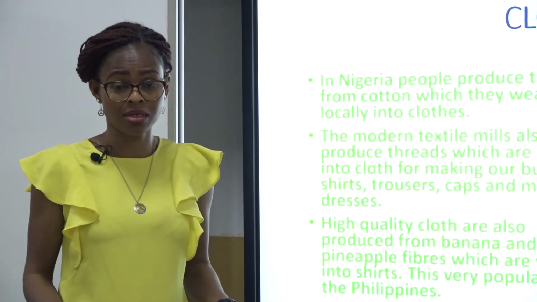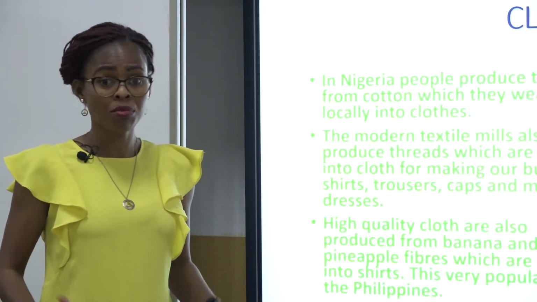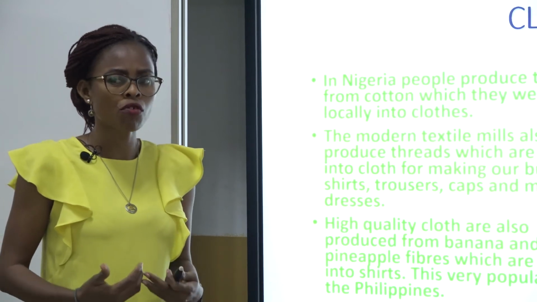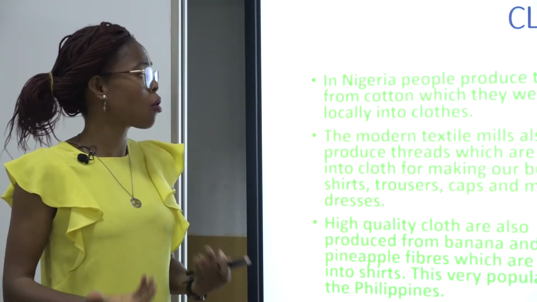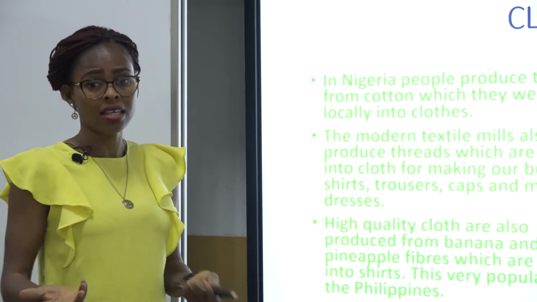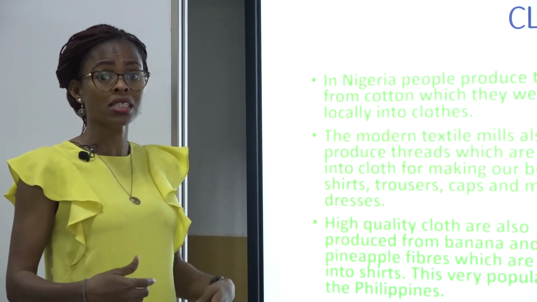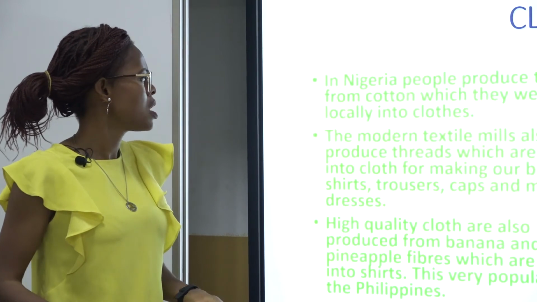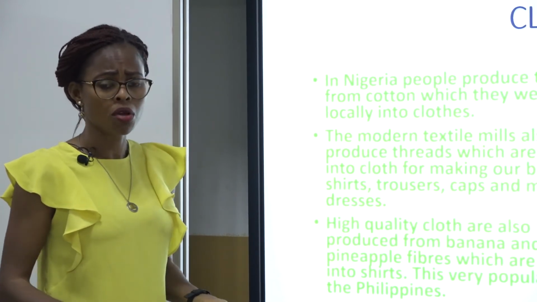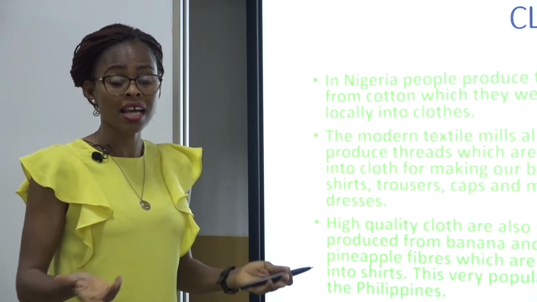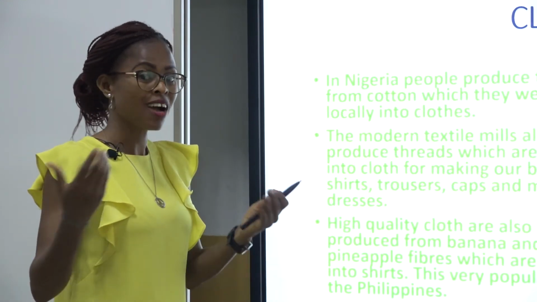Also, we have what? Clothing materials. The materials you wear, like the beautiful one I'm wearing right now, they are gotten from where? Agricultural produce. How? Threads that are gotten from cotton, which they weave locally, can be processed into what? Materials that we can wear, very expensive materials. The modern textile mills also get their products from where? From agriculture. Buba that you see people wearing are gotten from where?